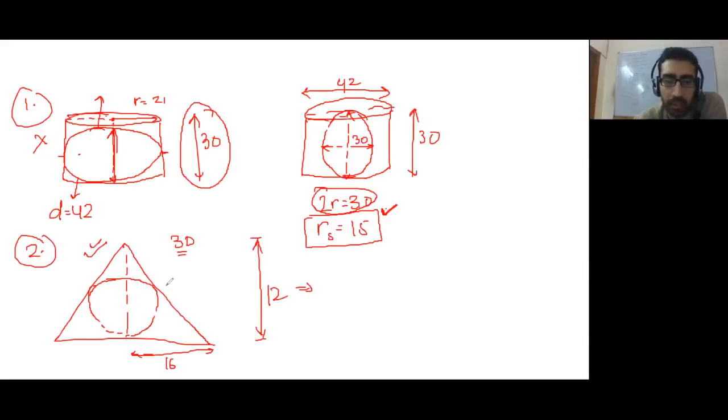This is the slant height, this as well as the slant height, and this, of course, at the bottom is the diameter of the cone. So there is absolutely nothing wrong with taking this to be a triangle.